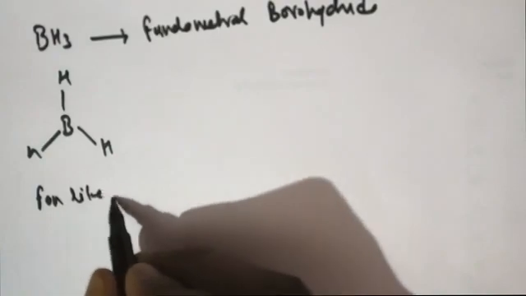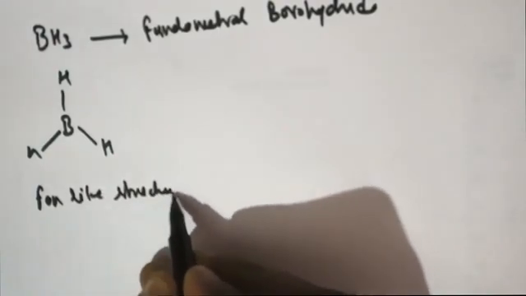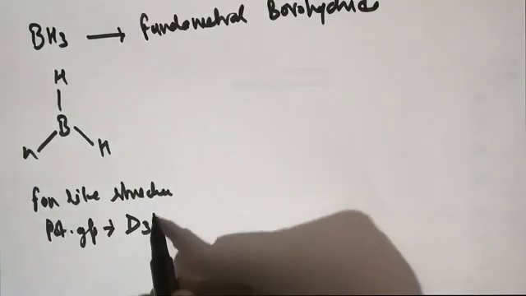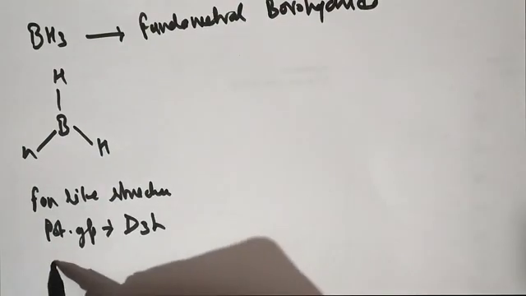Its structure is a trigonal planar, fan-like structure. Its point group is D3h. It is also an electron deficient species, so we can term it an electrophile, or also name this molecule a Lewis acid.